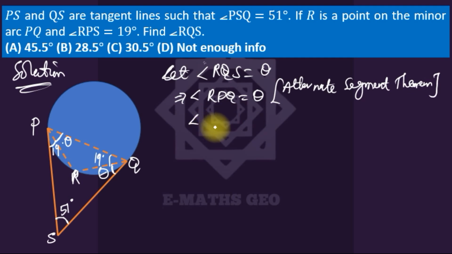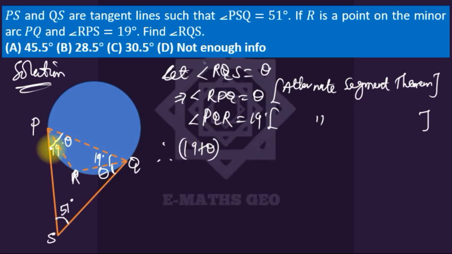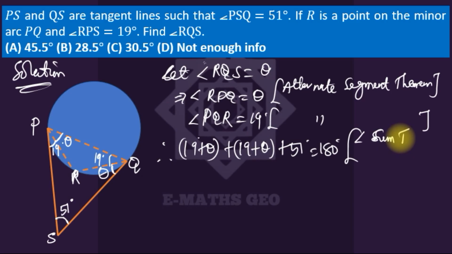Also, angle PQR is 19 degrees based on that same alternate segment theorem. Therefore, if we sum 19 plus theta, that's this angle at P, plus angle Q, which is also 19 plus theta, plus 51, that's the 51 here, must give us 180 degrees based on the angle sum theorem for a triangle.